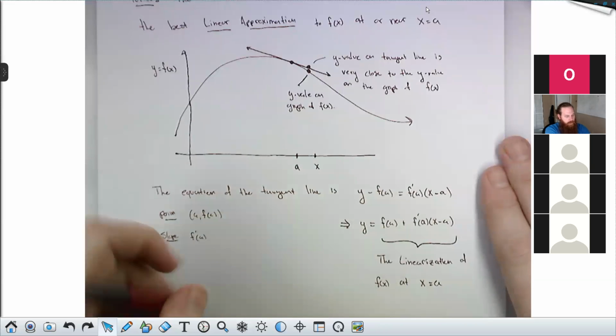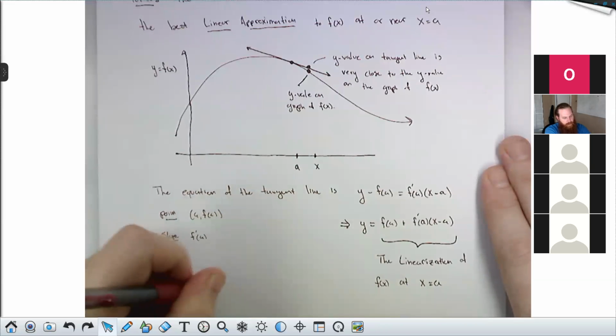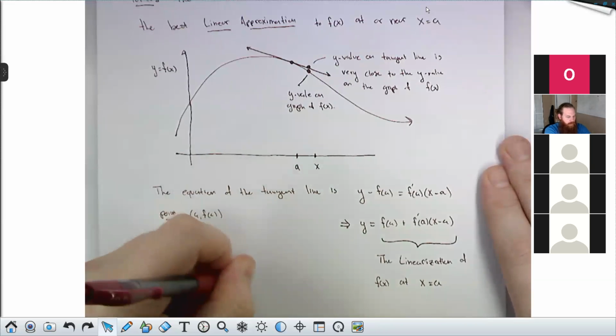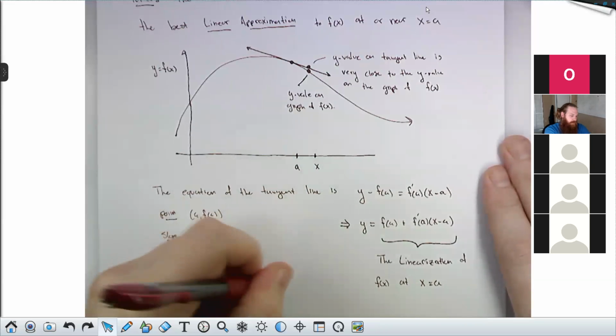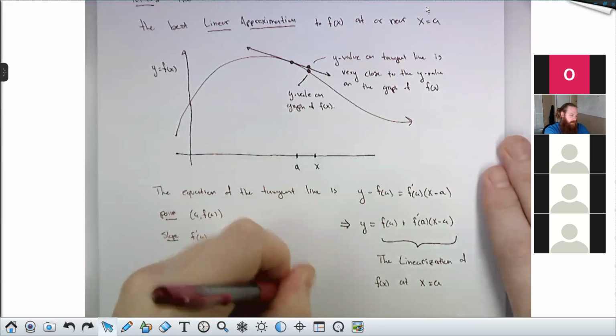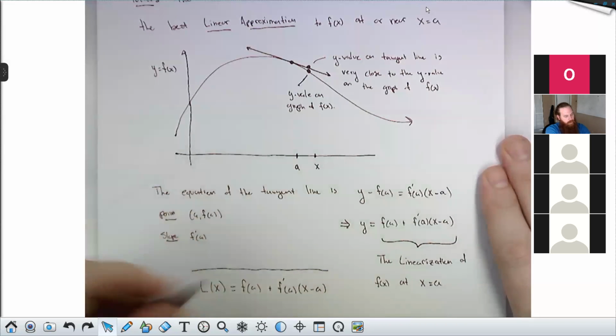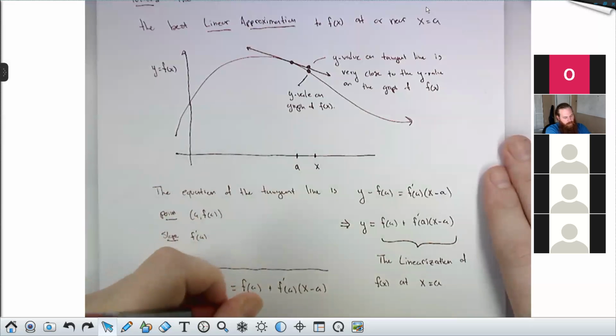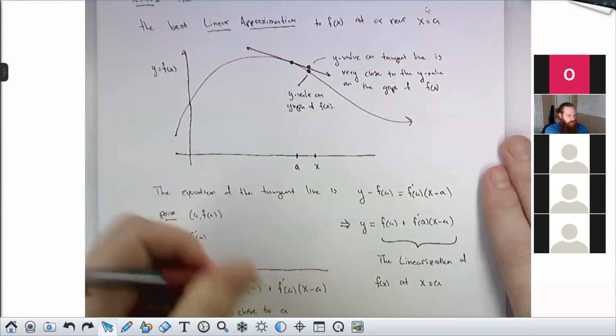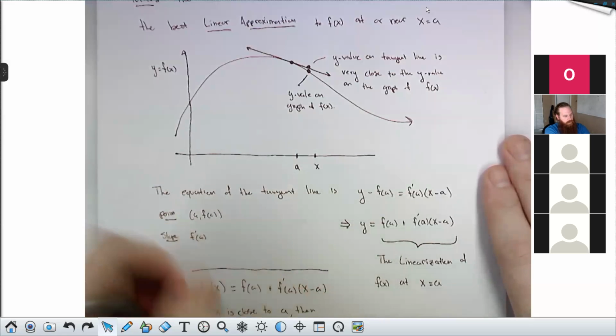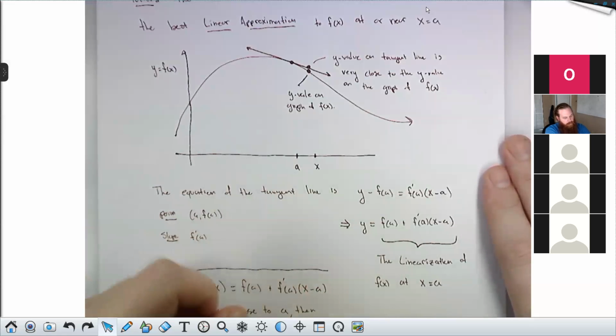And it has a special notation. It's this big L of x equals f of a plus f primed of a times x minus a. And the neat truth is, if x is close to a, then f of x is very close to L of x.